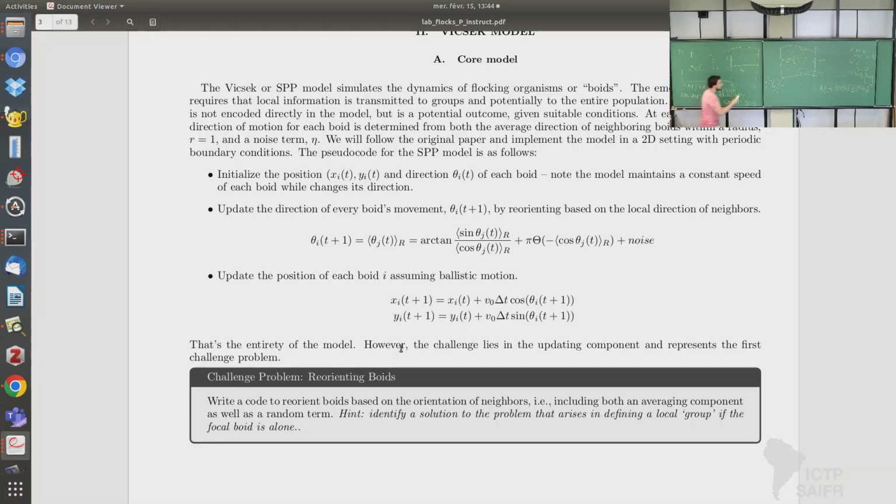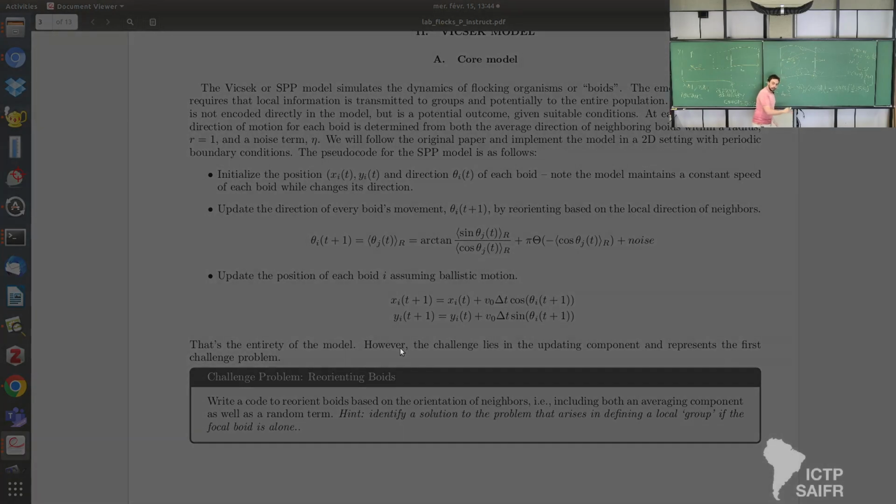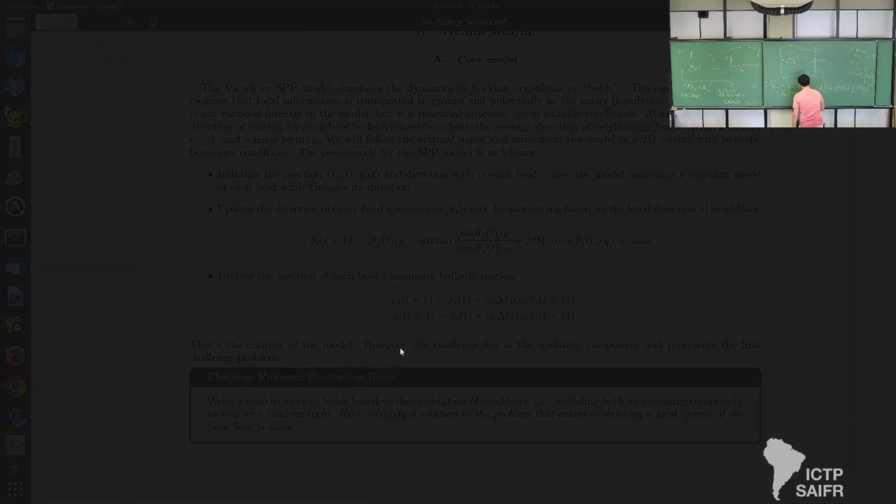If you have xf, yf, and let's say xi, yi, the distance between f and i is just going to be the square root, the Pythagoras equation, of (xf minus xi) squared plus (yf minus yi) squared, okay? You do this for all of the pairs of birds.